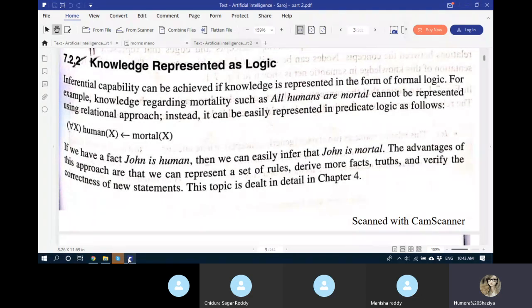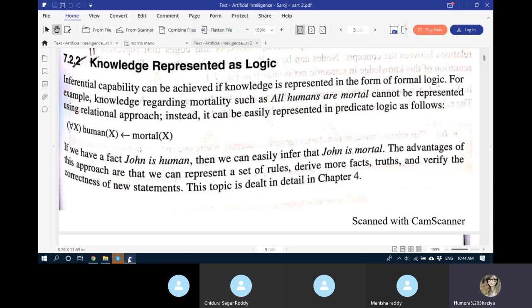And then if we state that John is human, then we can infer that John is mortal because of that logic statement. What is there in the logic statement? If you prove that someone is a human, then from that statement you can conclude that that object, that person is mortal because it says that for all x.